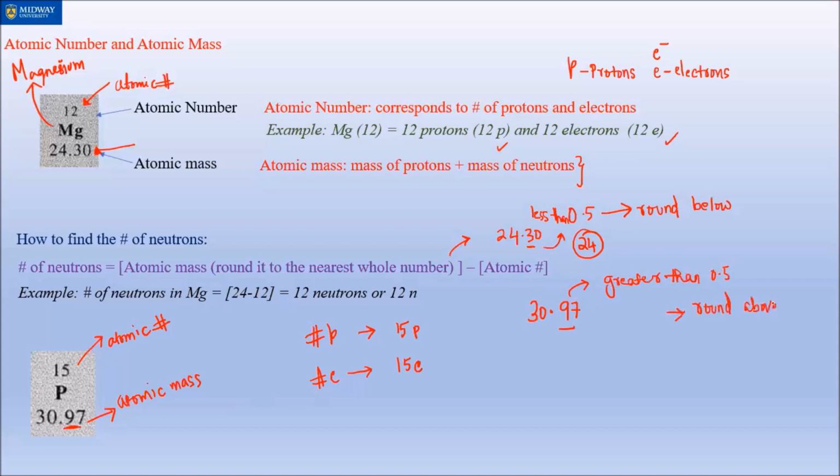What I mean by round above is you round to the nearest whole number above. So this would essentially become 31. So that means number of neutrons would be 31 minus 15, and that is 16 neutrons.